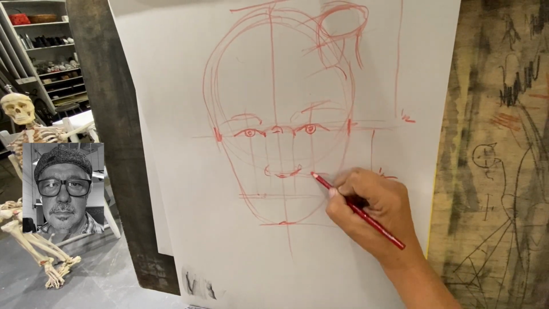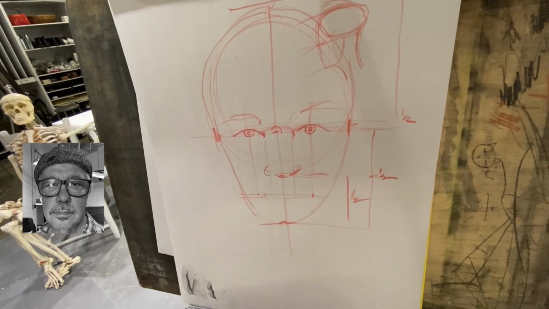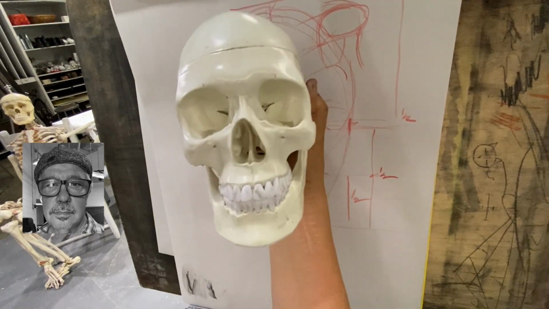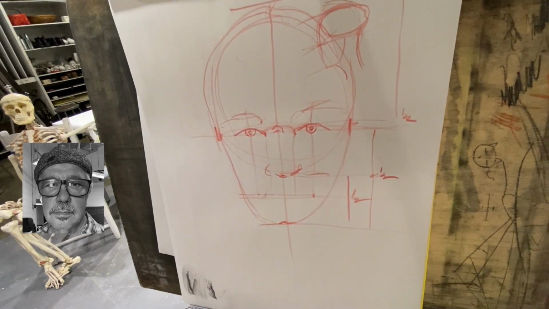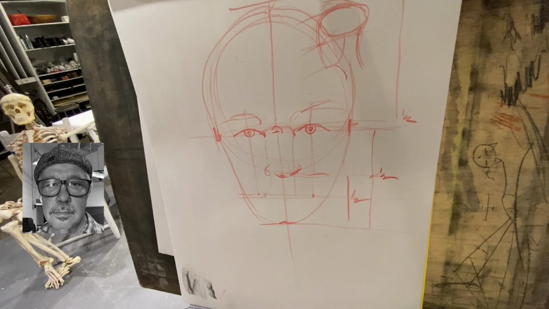You come down from the pupils, and this is looking straight on. This is looking at the face straight on, even though the head's on a swivel and can be all over the place. This is just to find the basic structure straight on. Ideal world.